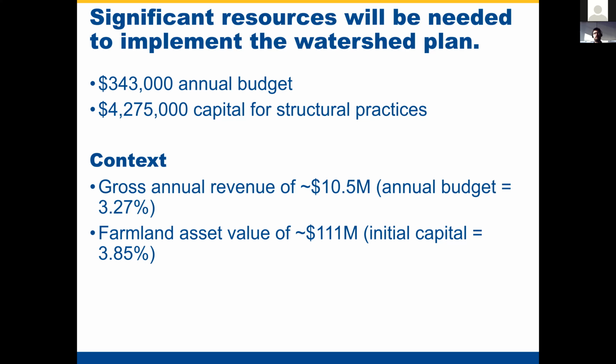So just trying to provide some context. I know those numbers seem rather large, but also recognizing that if the investments are made in the land, and the assets are used to reinvest in the land for these purposes, it's possible to improve water quality.